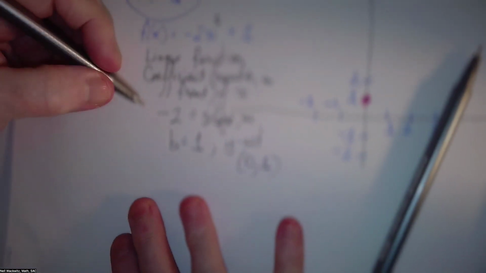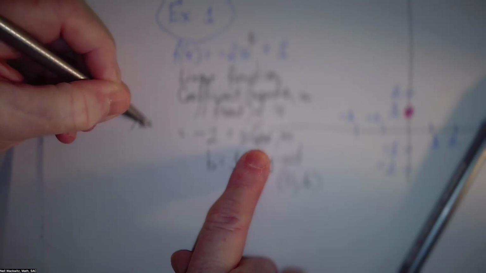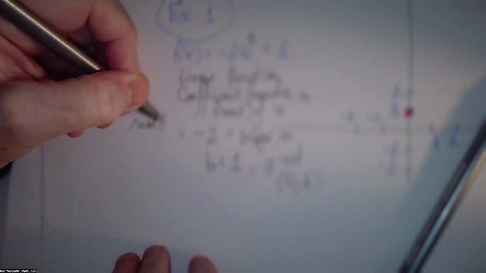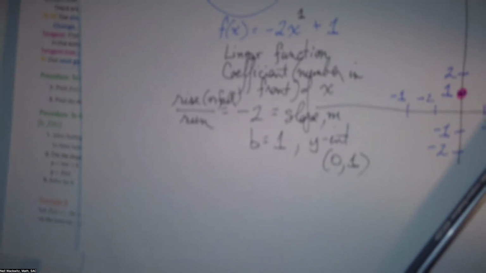Oh, I remember something about slopes. Slopes are rise or fall over run. Well, to write this as a fraction, but we're out of focus.